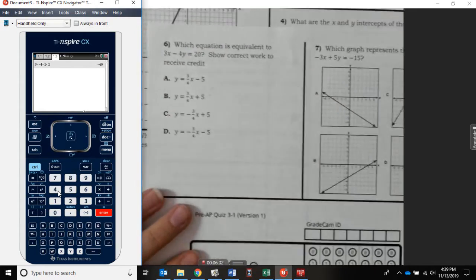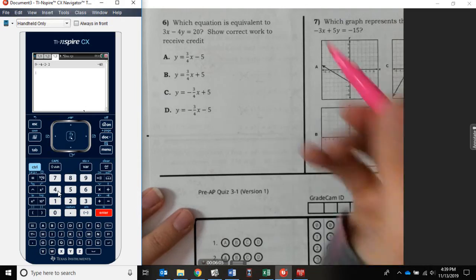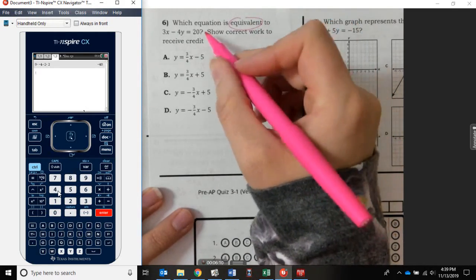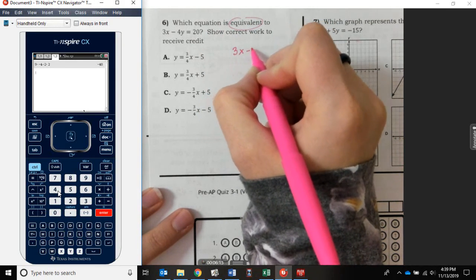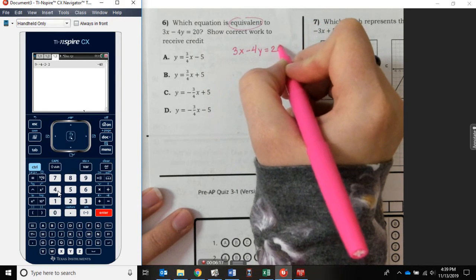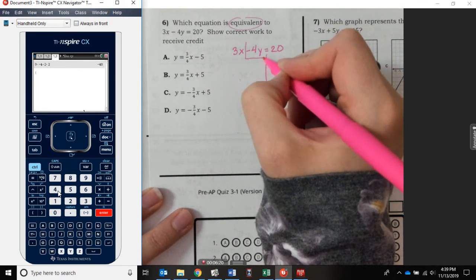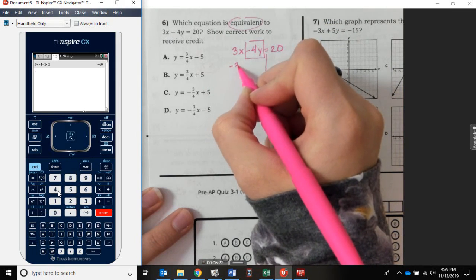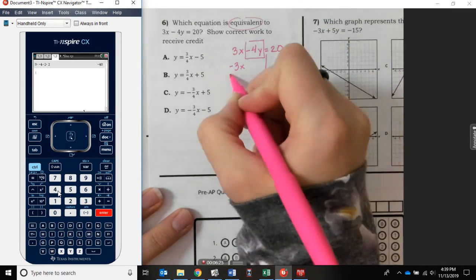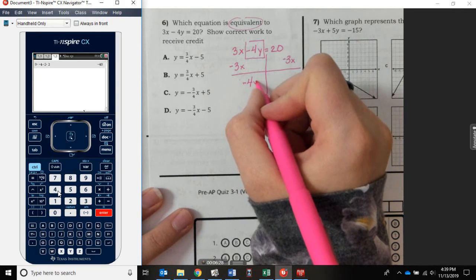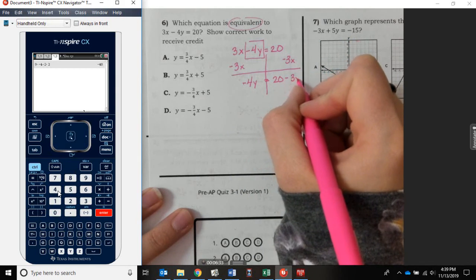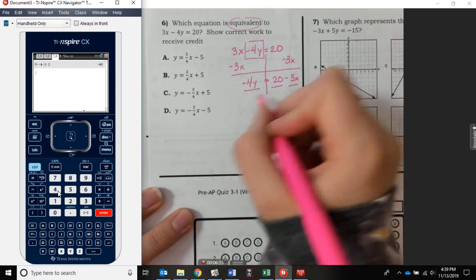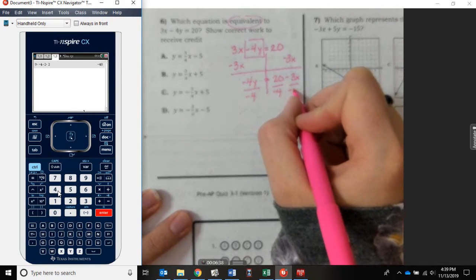Okay, on number 6. Which equation is equivalent to 3x minus 4y equals 20? Equivalent means which one is exactly the same. It just looks different. So we practiced solving for y last week, where we draw a brick wall, box in the y. We need to make a zero pair, so minus 3x on both sides. Negative 4y equals, these are not like terms, so I write 20 minus 3x, and then we divide every term by negative 4.